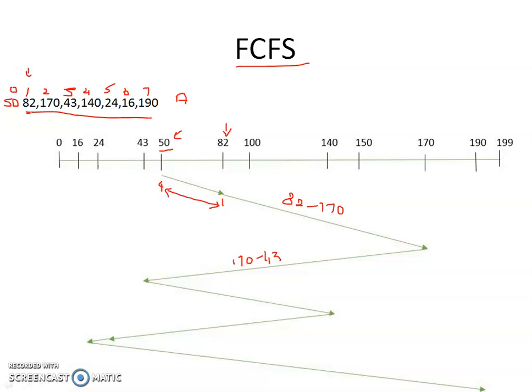So 82 minus 50 you will be getting, and you store that value in some variable. Then you compute the next scanning position, which is index 2: A of 2 minus A of 1, that is 170 minus 82. Whatever answer you get, you add it to the previous value. This is how the computation will be done till it reaches the end of the array in the case of FCFS.